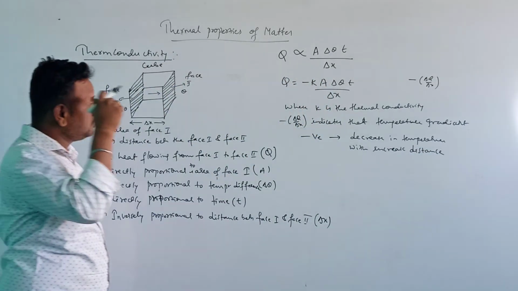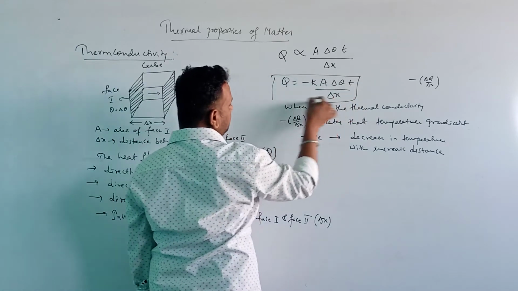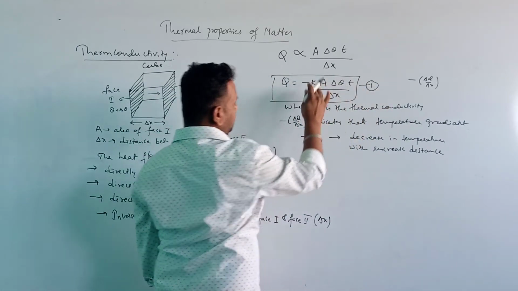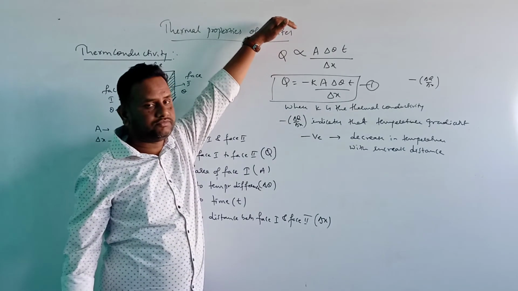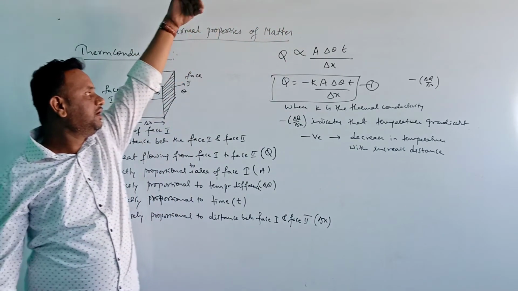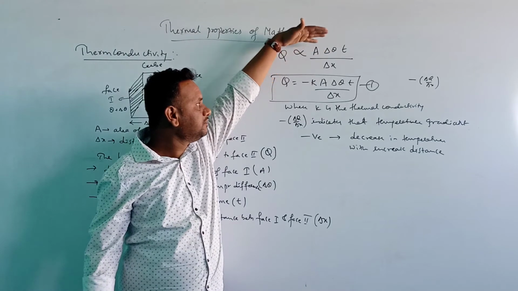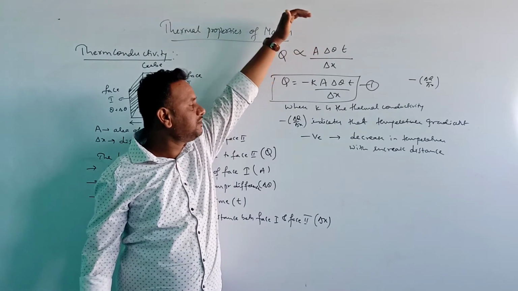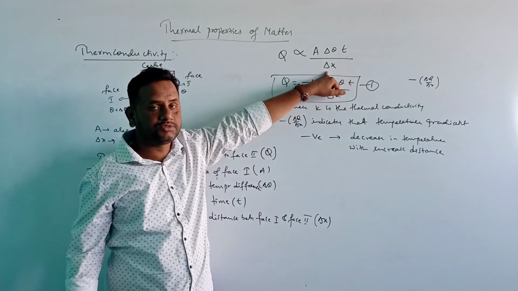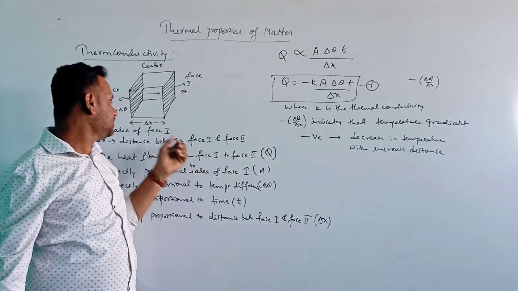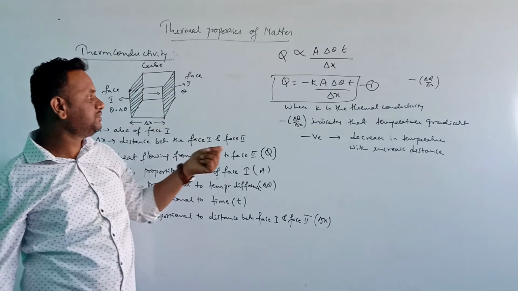So the amount of heat is directly proportional to the area of phase 1, directly proportional to the change in temperature, directly proportional to the time, and inversely proportional to the distance between phase 1 and phase 2.